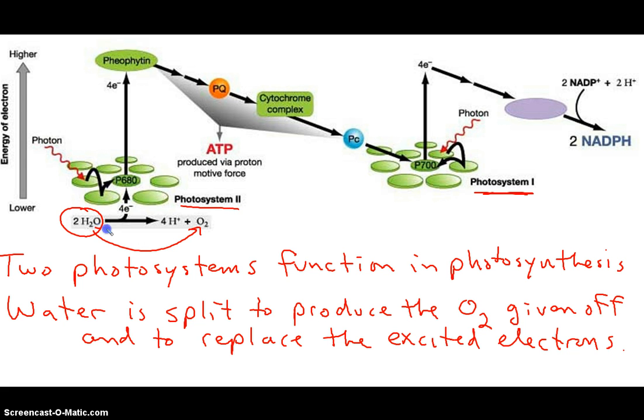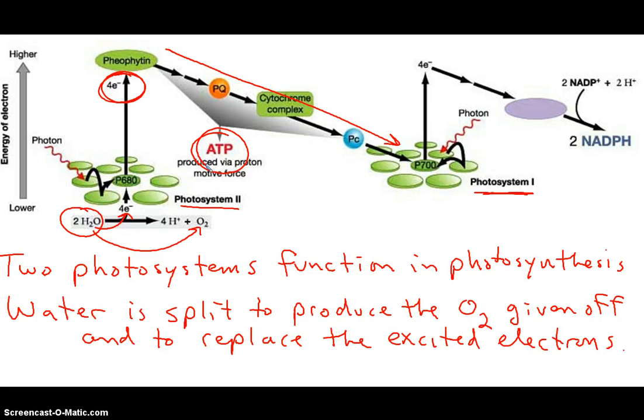But it also provides the electrons that are excited from those reaction centers. And so that excited electron then travels through something called the electron transport chain right here to produce a molecule of ATP. That's what plants and animals can use for energy.